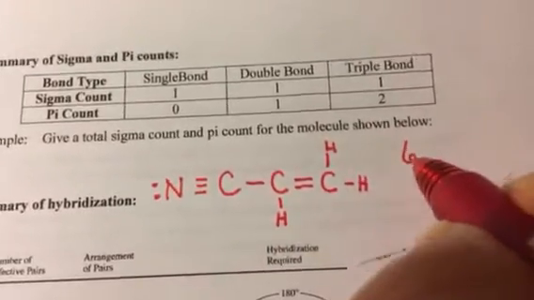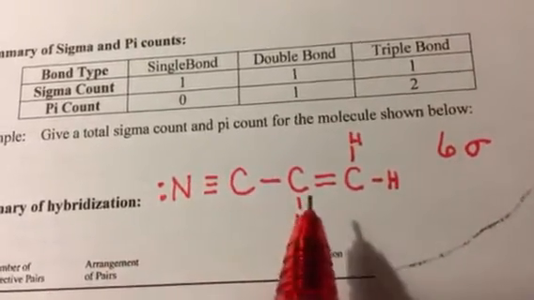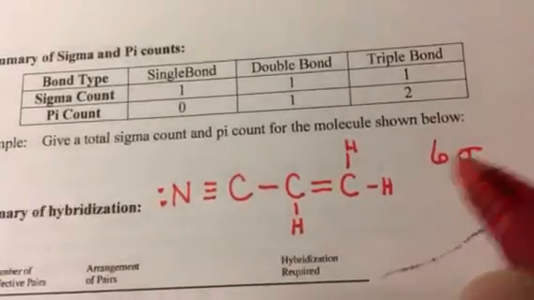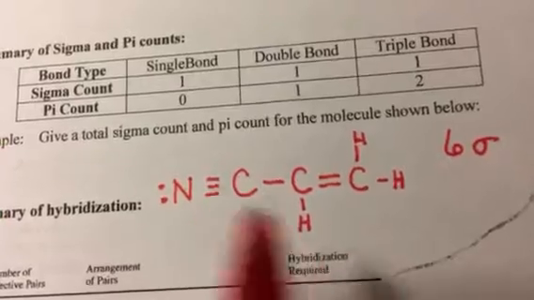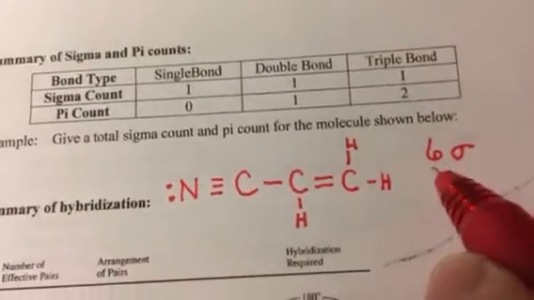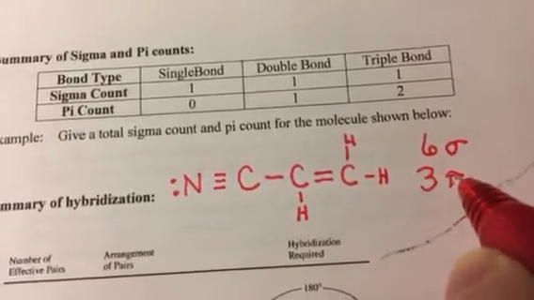This has 6 sigma. Every time you see a double bond, count it as a pi. 1 pi. And every time you see a triple bond, count it as 2 pi. So 1 pi, 2 pi. So this has 3 total pi orbitals.